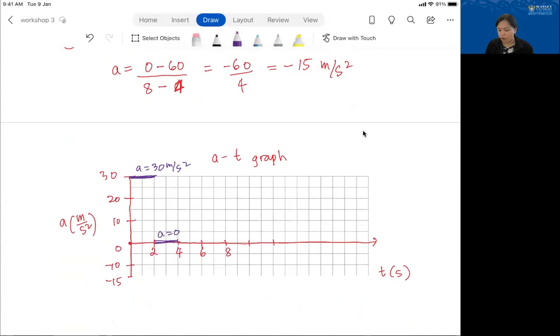And then from 4 to 8 seconds, the acceleration is negative 15 meters per second squared. So that will be how our acceleration versus time graph will look. It consists of 3 segments of constant accelerations. All right. Any question about that so far?